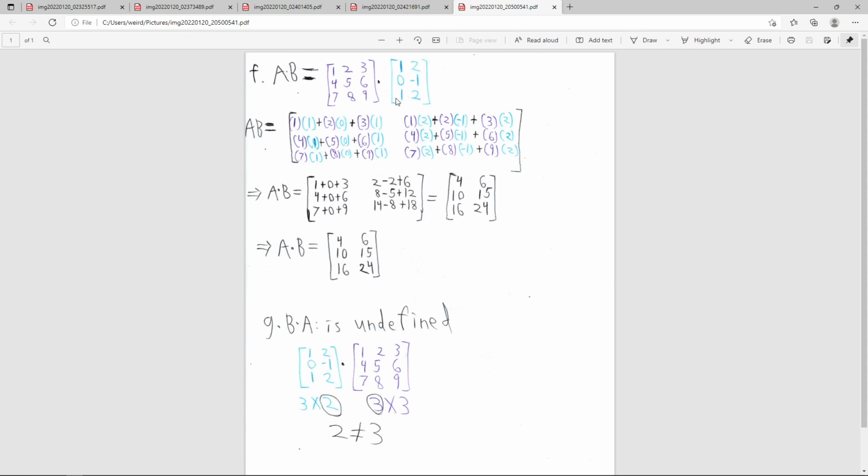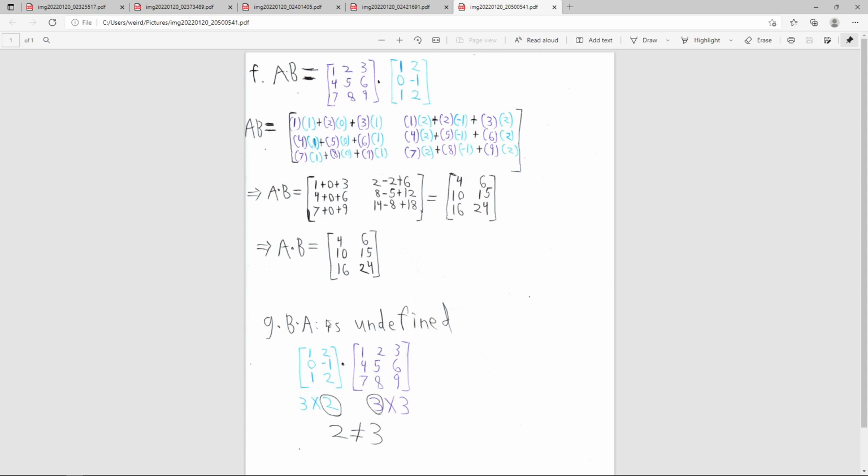A has the same number of columns as B has rows. That's why you have to position it right. It asks for A times B, so you have to do it exactly like this. You continue that process of dot products, multiply and add everything together, and you get your 6 entries. So A times B is 4, 6, 10, 15, 16, 24.